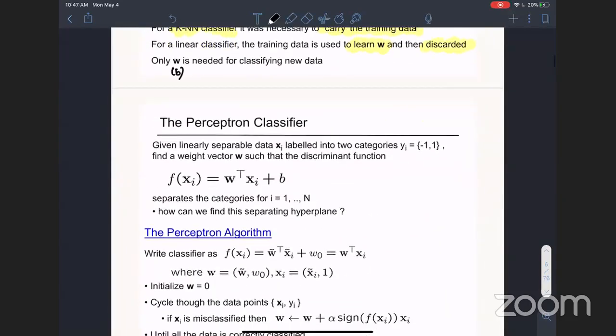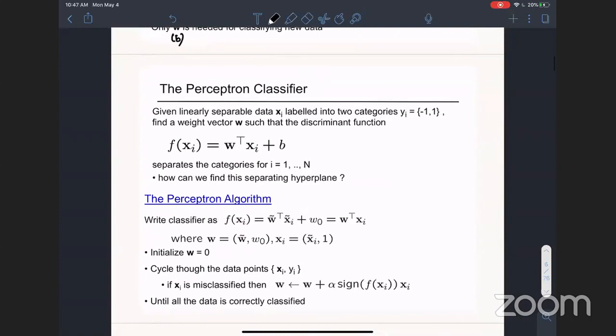So we talked about a perceptron classifier last time, which has this equation, which is again a linear model. And the whole idea was that for every one input sample, your W can be updated. This is the sign of your model.